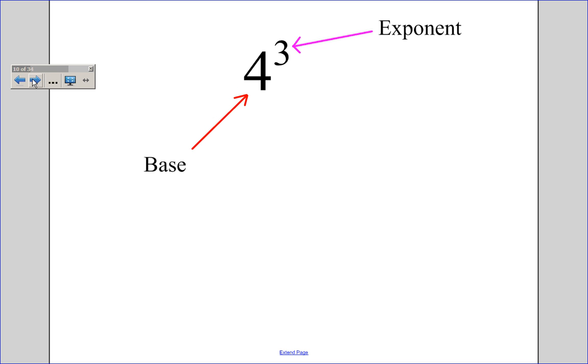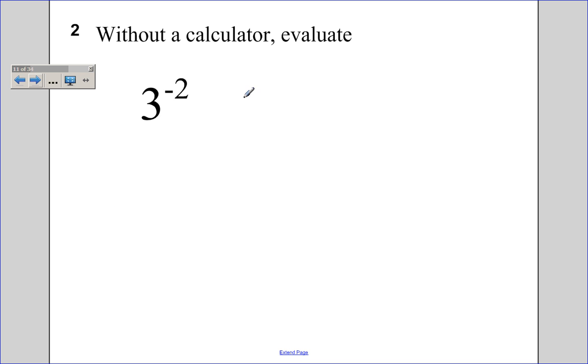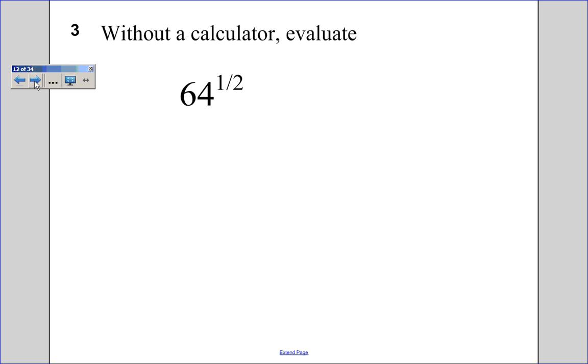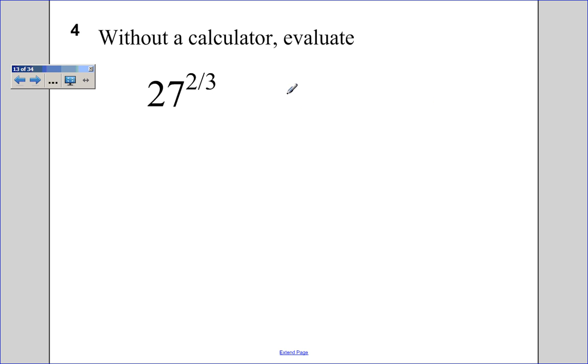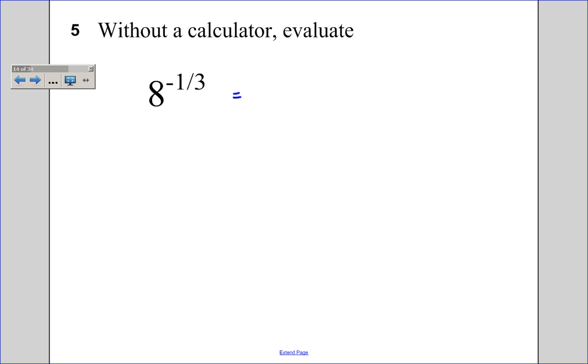The 3 we call the exponent. 3 to the negative 2, that's 1 over 3 squared, which is 1/9. 64 to the 1/2, that means the square root of 64, which is 8. 27 to the 2/3, third root of 27 squared, which would be 3 squared, or 9. 8 to the negative 1/3. 8 to that negative is just going to be 1 over 8 to the 1/3. And now if I cube root both of these, it'll be 1/2.